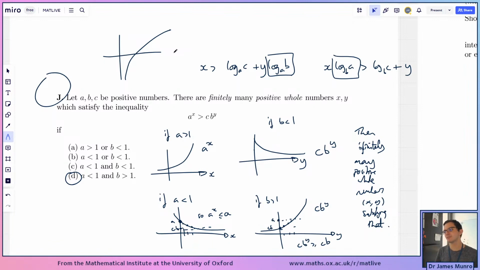Log base 1/2. Oh, I do have to worry about that, don't I? Is taking log base 1/2 like doing a negative thing? I think log base 1/2 is fine, isn't it? No, it's negative numbers, isn't it? Ah, bother. Okay. Yeah, maybe I do have to be a bit careful.